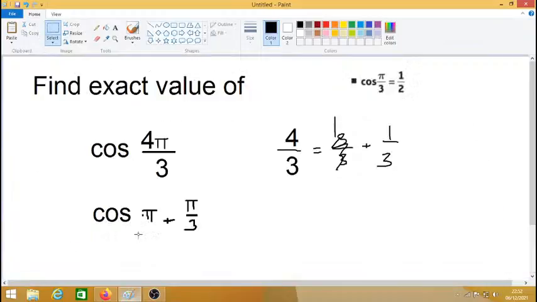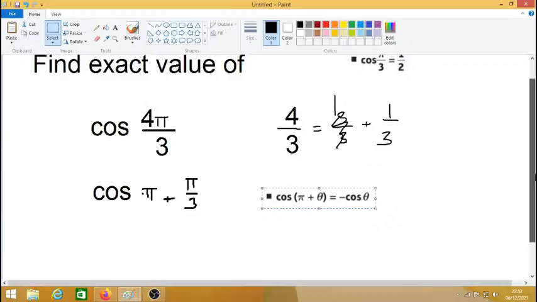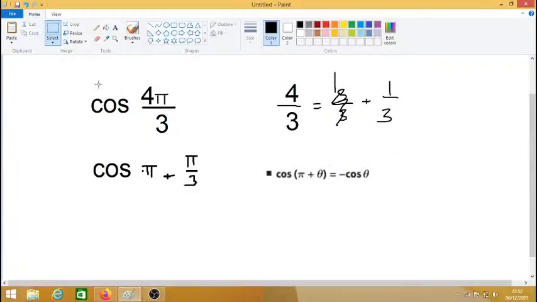So let's take that. And now how are we going to use that? We've got the pi plus the angle is equal to minus cosine of that angle. So we can rewrite this as, the cosine of pi plus an angle is equal to minus the cosine of the angle that you're adding.